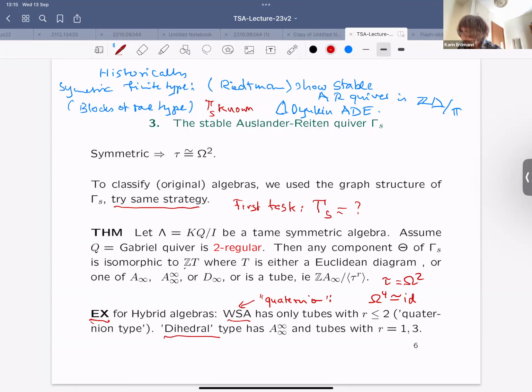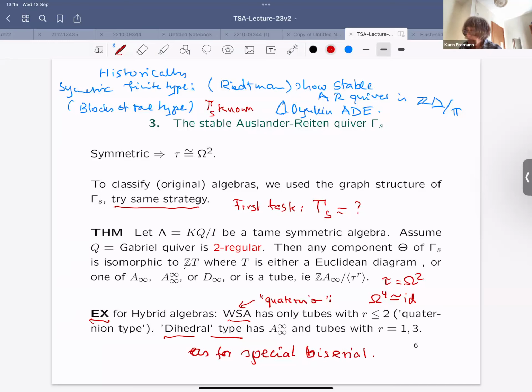And for the dihedral type, this is really the same as special biserial. And this is known for some time that the components are A double infinity apart from tubes, right?